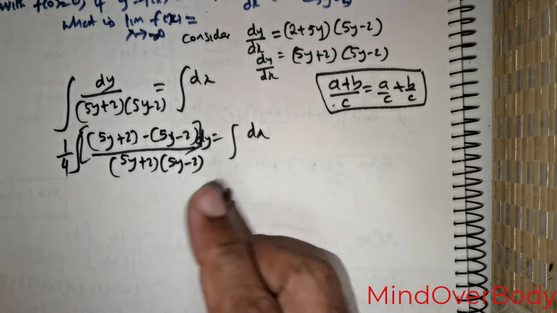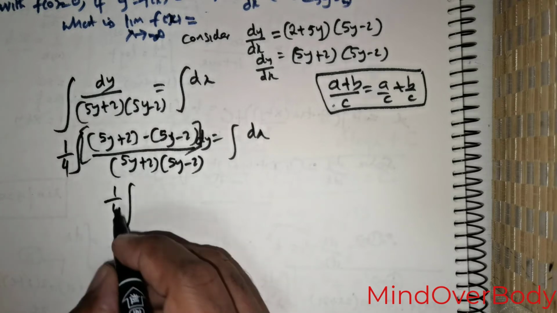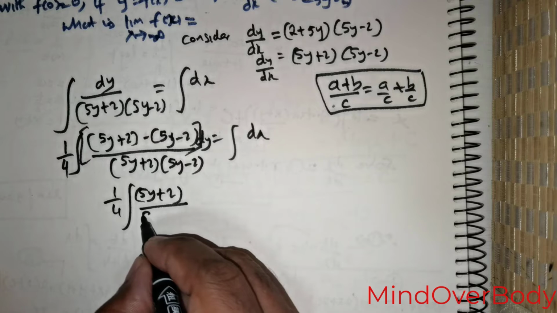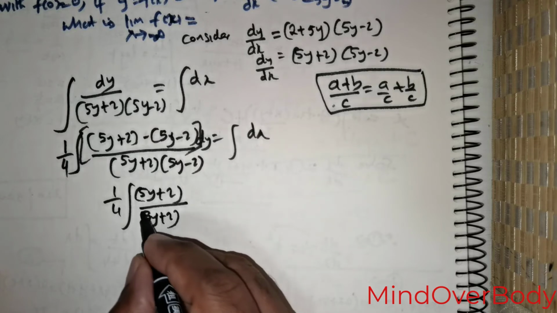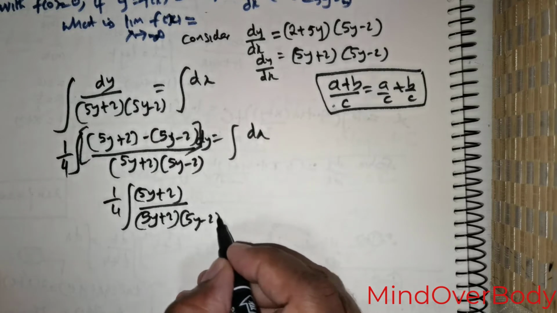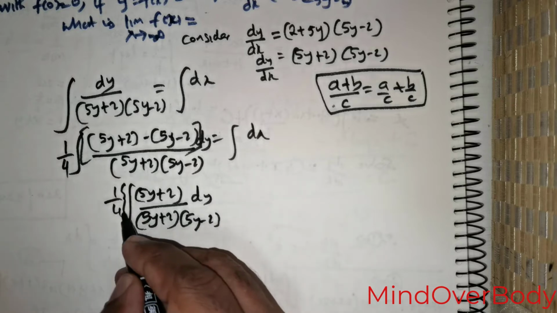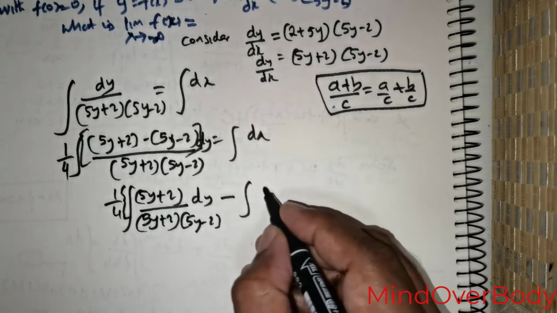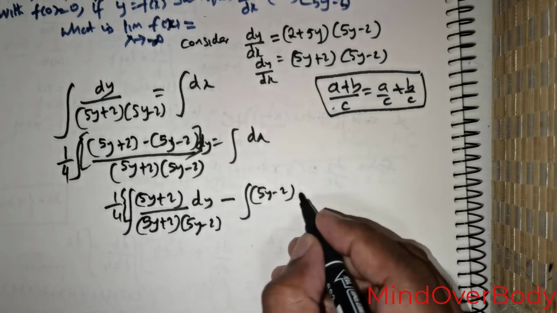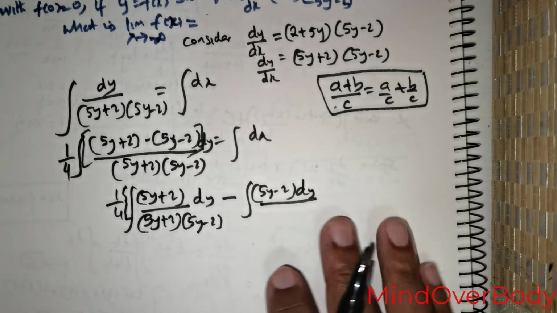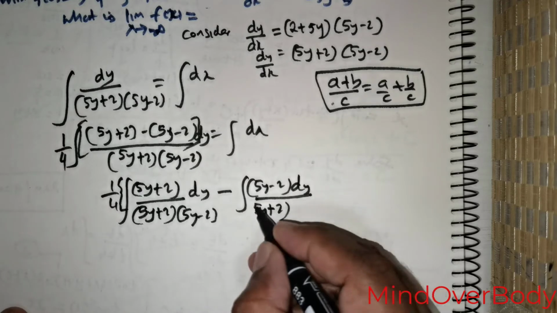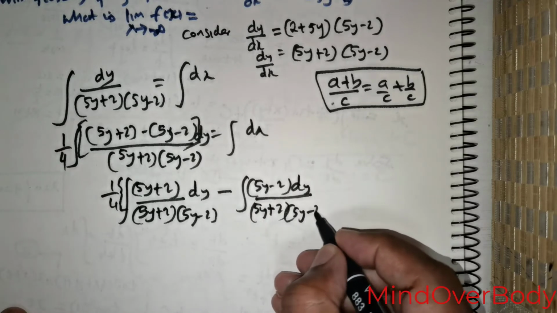So if I were to rewrite this, this is going to be 1 over 4 integral, the numerator is (5y + 2) divided by the denominator (5y + 2)(5y - 2) times dy. Of course maybe I can place a huge parenthesis there, followed by integral (5y - 2) dy divided by (5y + 2)(5y - 2).